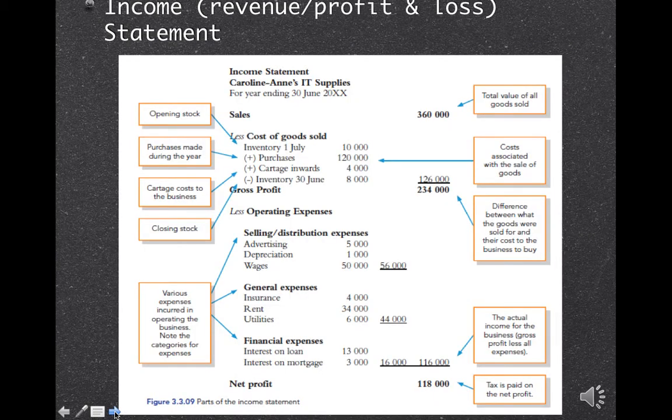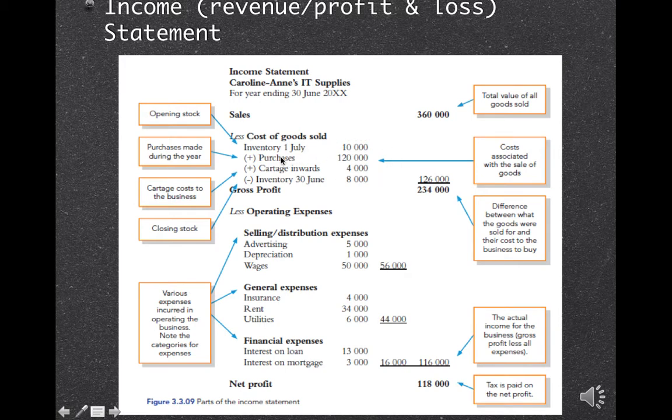So here's a revenue statement that we can look at, and we can pull information from this statement. You'll see at the very top the sales, so that's the sales revenue. That's the amount of money raised from the selling of goods or services. Then we deduct from that the cost of those goods.